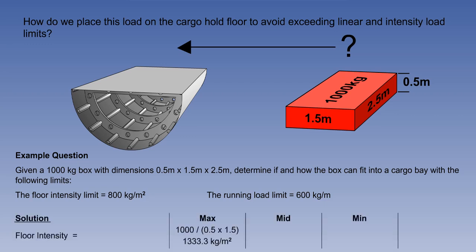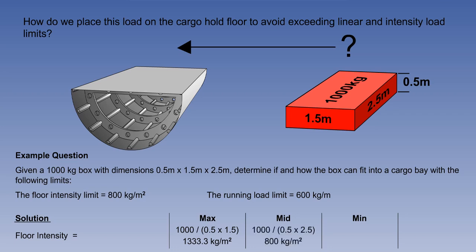Let us start by calculating the three possibilities for the floor intensity, starting with the maximum intensity. To find the maximum value, we divide the mass, 1000 kilograms, by the smallest area, 0.5 by 1.5 square meters, which becomes 1333.3 kilograms per square meter.